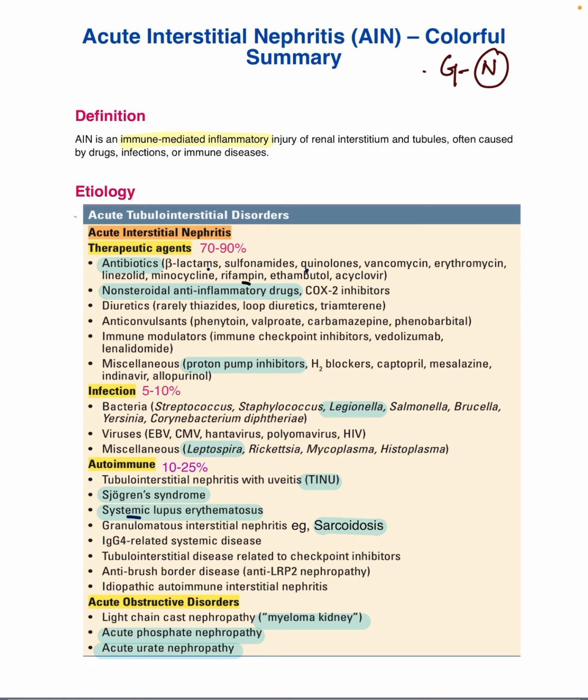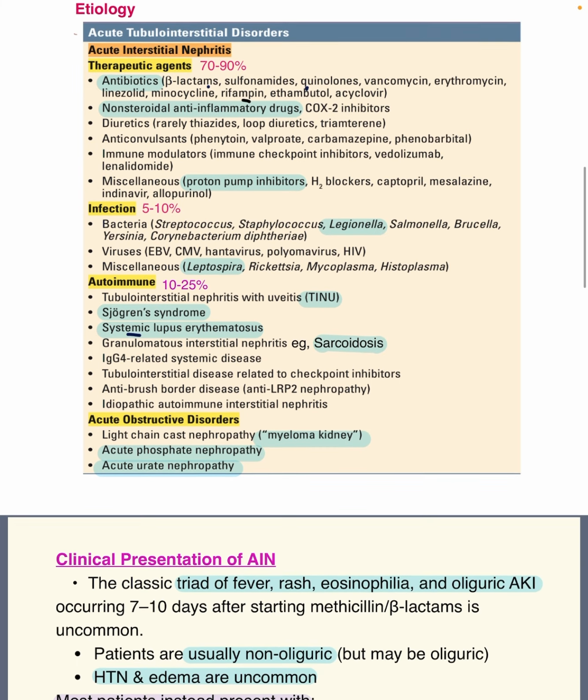Next, immune-mediated diseases. They include sarcoidosis, Sjogren's syndrome, SLE, and TINU syndrome, that is tubulointerstitial nephritis with uveitis. Then obstructive disorders, that is myeloma kidney, acute phosphate nephropathy, and acute urate nephropathy. So, regarding etiology, the most common is drugs, next autoimmune, and last are infection and obstructive disorders.